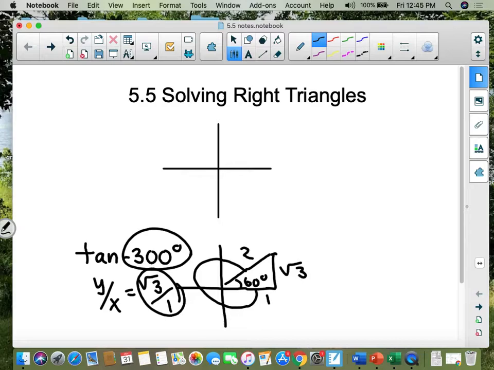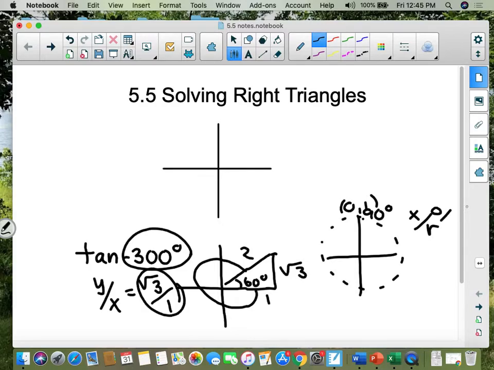You need to know that if they ask you to find the cosine of 90 degrees, cosine is x over r. The x is 0, and the radius is always what, when it doesn't make a triangle? 1.